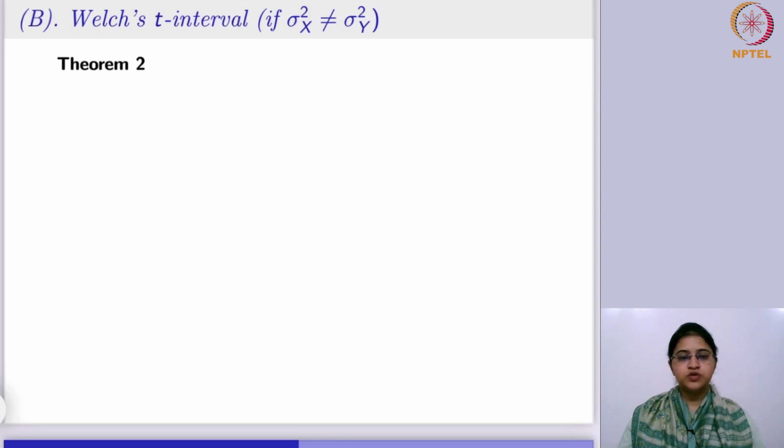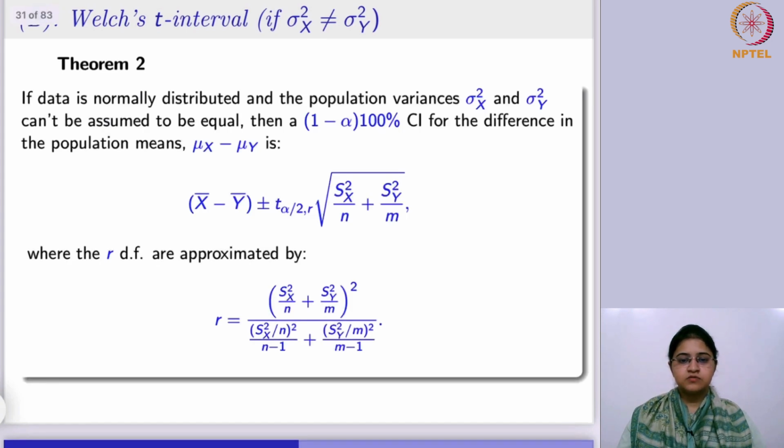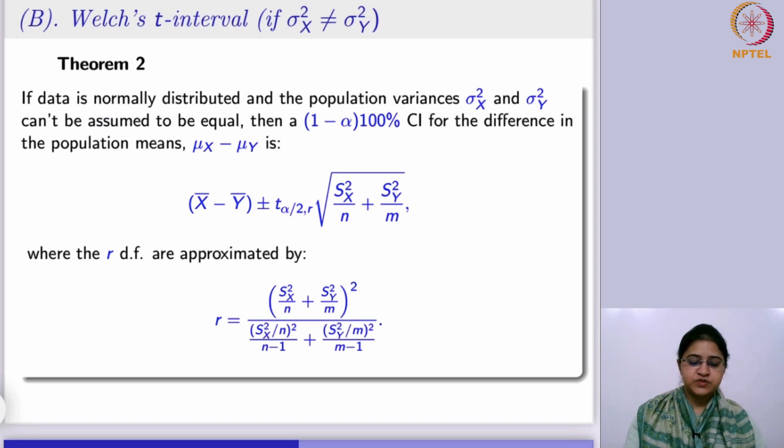Now let us move on to the next result, which is the Welch t interval. In this case the two variances are different. So the result is that if the data is normally distributed and the population variances can't be assumed to be equal, as in the previous case, then you would again take x bar minus y bar.